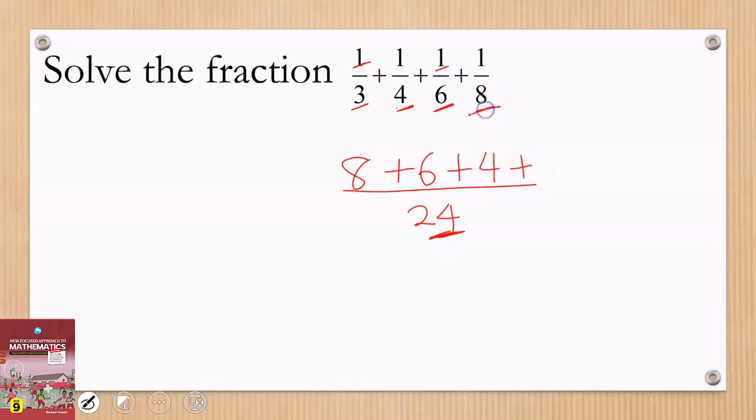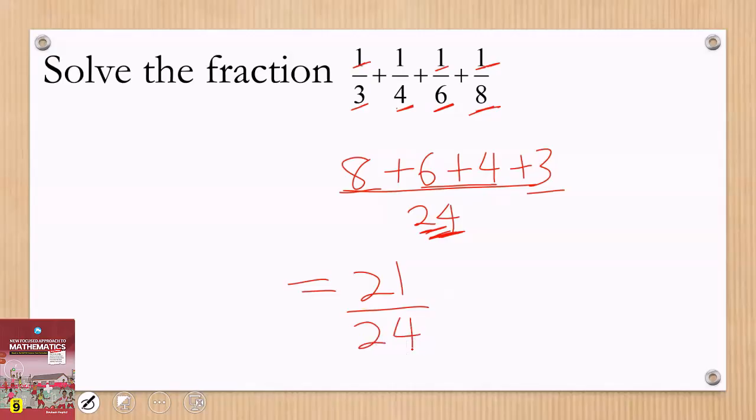Plus, 8 can divide 24 as 3, and 3 times 1 is 3. So when we simplify by adding all the numbers, we have 10, making 18, making 21. And 21 divided by 24.